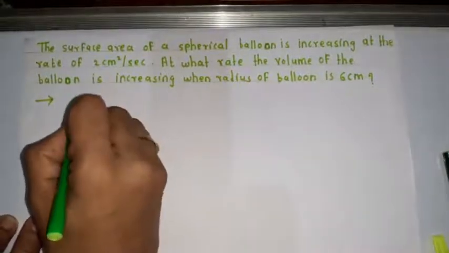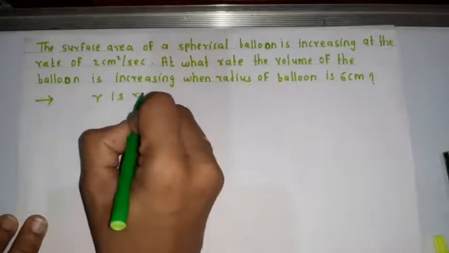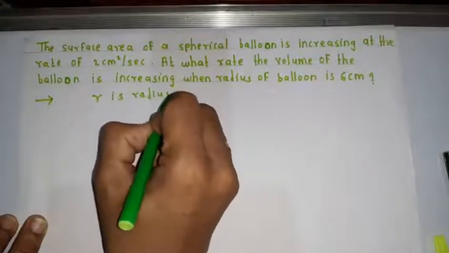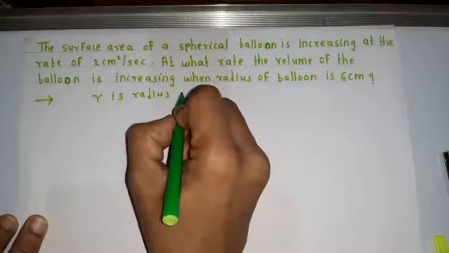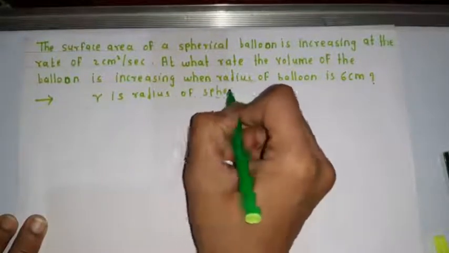So see students, suppose r is the radius of the spherical balloon, the radius of the sphere.